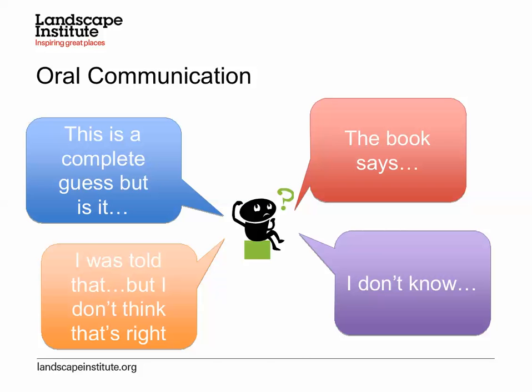As professional landscape architects, you are independent, dynamic, motivated individuals, and you're going to go and research information for yourself. You're going to be doing CPD in the future because you know that it's necessary, not just because someone happened to come along and tell you that something has changed. So if you indicate that you don't think something is right, then the examiners are going to assume that you don't know the correct answer, even if it happens to be correct. It's just not going to come across very well at all.